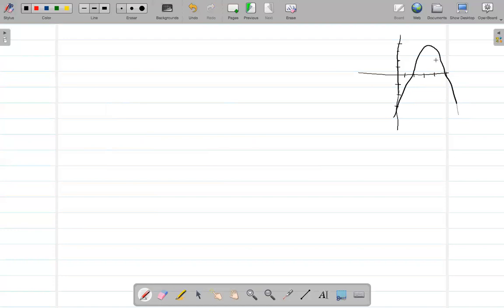Anyway, just consider this as a parabola where it has a maximum vertex.